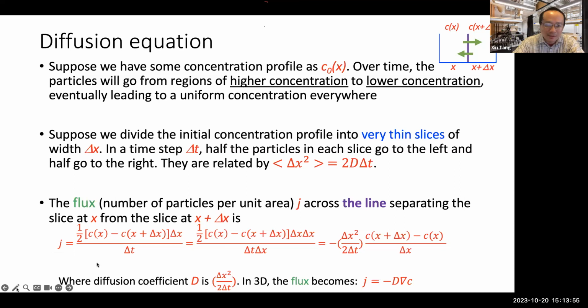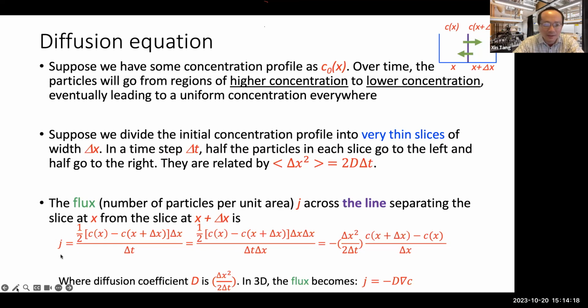J has the unit number of particles per area, and also per time. Okay, the number of particles passing through the interface per unit area per second.